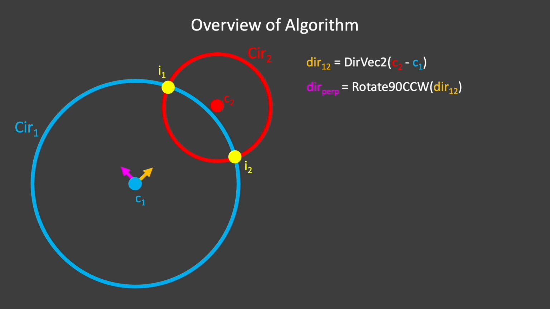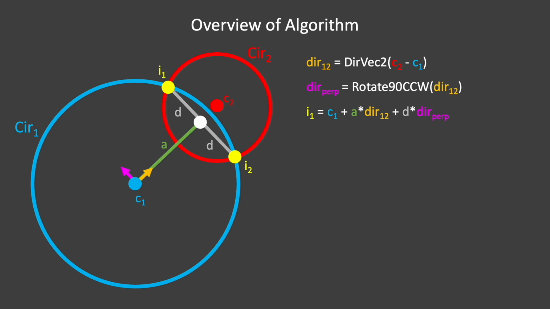Now we're going to call the distance that we have to move along dir12 A, and we're going to call the distance that we have to move along dir_perp D. Now, this means that I1 is going to be equal to C1 plus A times dir12 plus D times dir_perp.